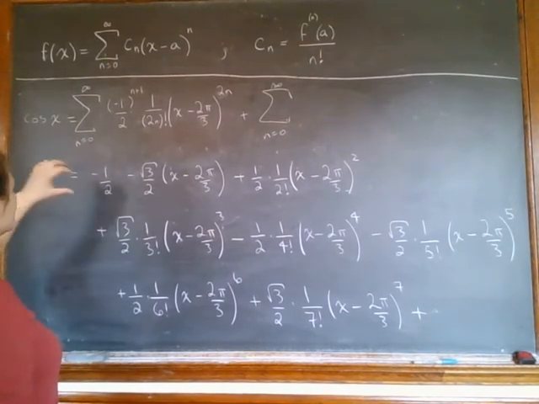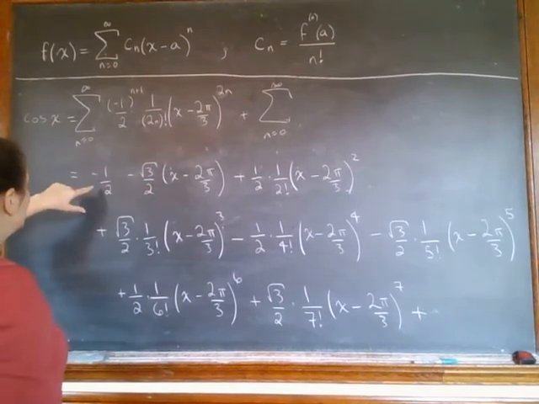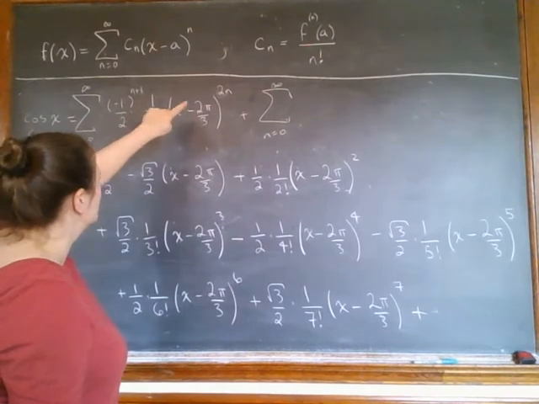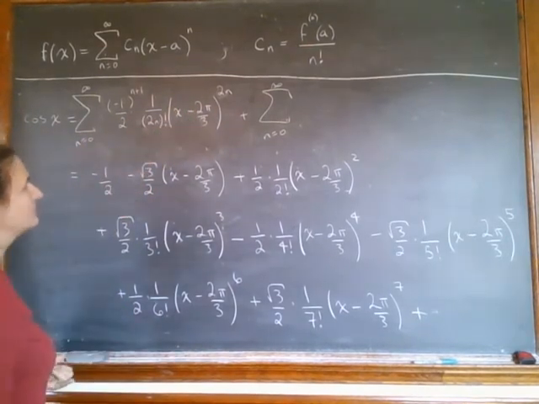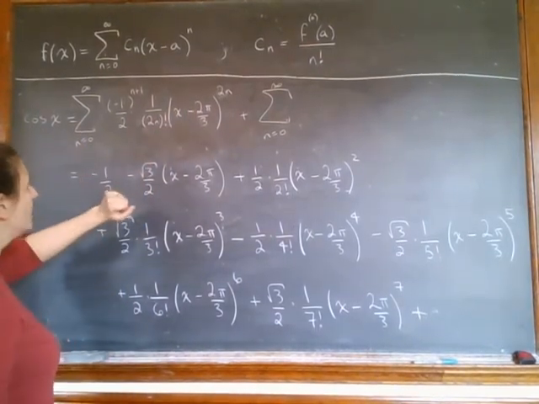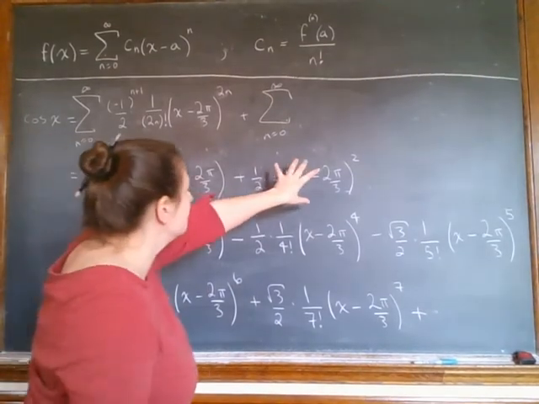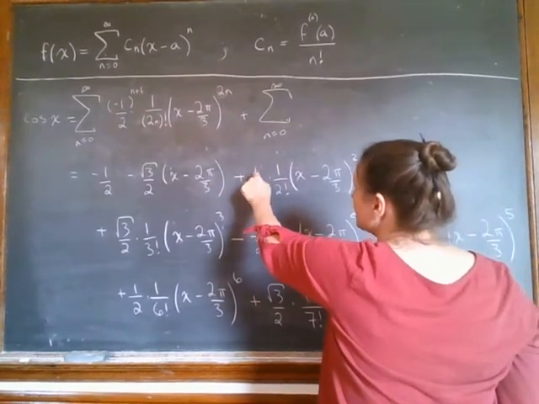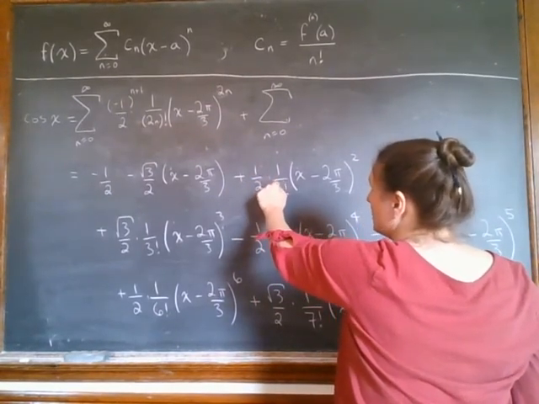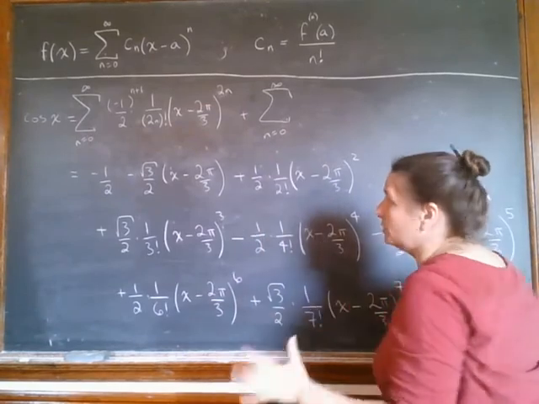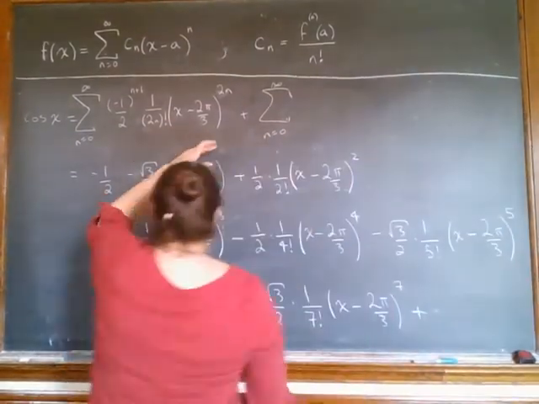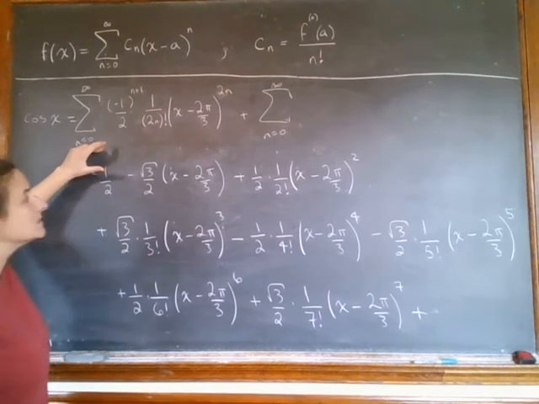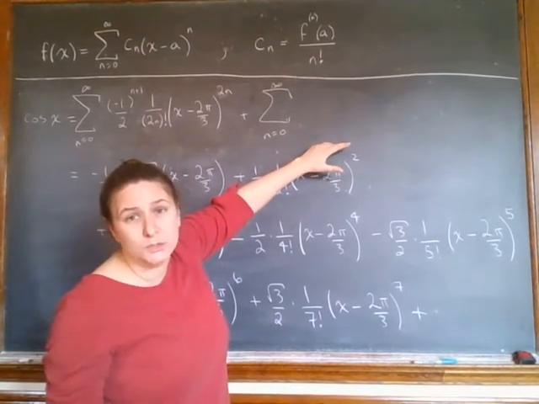Does this formula work? If I put in n equals 0, a minus 1/2, 1, and that whole thing is 1, because anything to the 0 is 1. What about n equal 1, the next one? I'm going to get a positive 1/2. I get 1 over 2 factorial, this guy to the 2. So it looks like this works. But this is just the even terms. I still have to do these odd terms too.